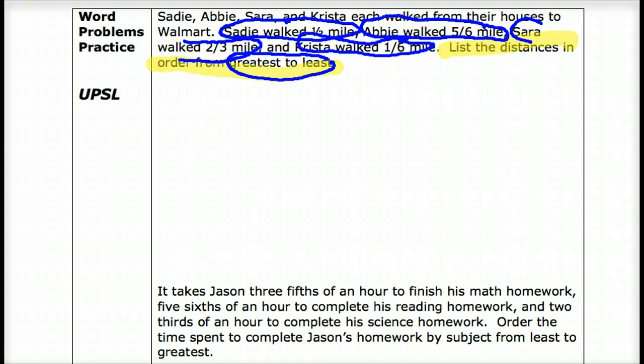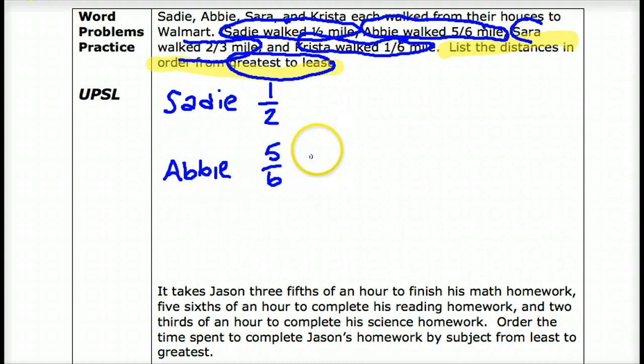The important thing here is going to be to label our distances so we do not get them confused. So we know that Sadie equals 1/2. We know that Abby is 5/6. We know that Sarah is 2/3.